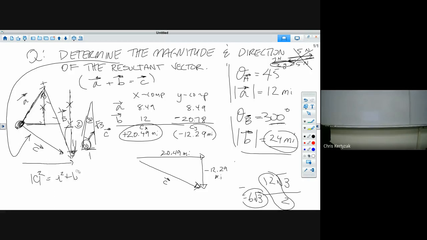That is the Pythagorean theorem. So let's see, what do we have? You'd do 20.49 squared plus negative 12.29 squared.